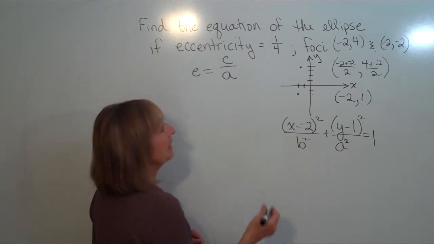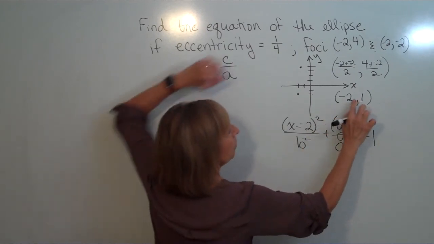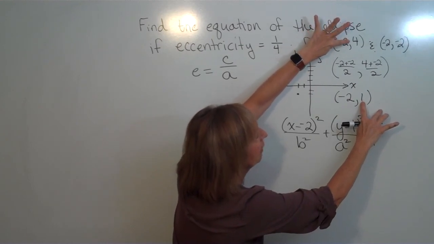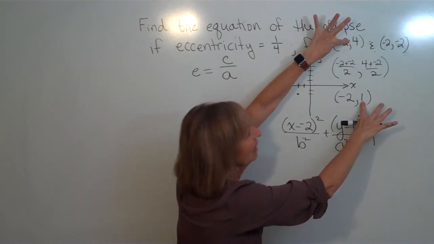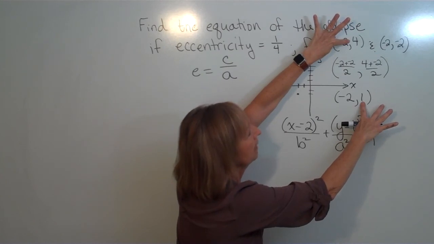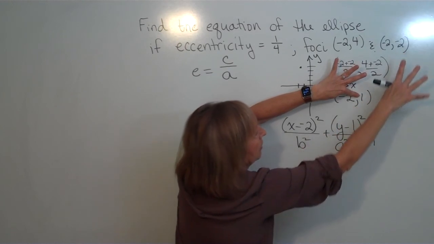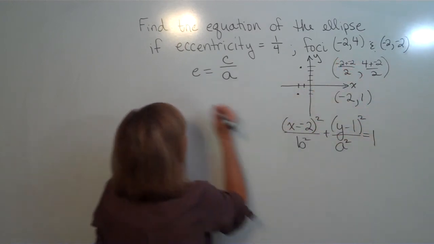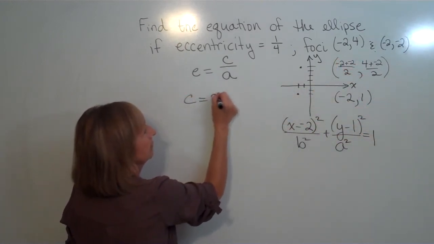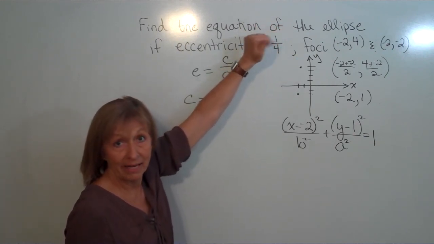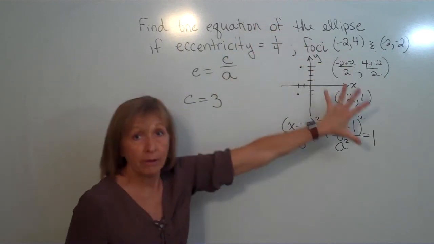Also, since my center is at (-2, 1), the distance from my center to my focus is c. So notice that 4 minus 1 is 3, and 1 minus -2 is 3. So my c is 3. Not 1, it's not the top, because this has been simplified. So my c is 3 from the information.